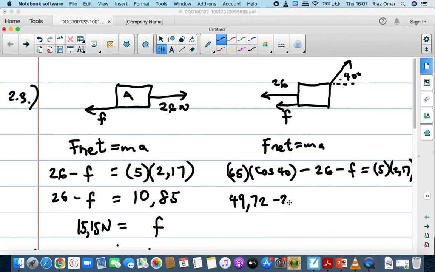49,72 minus 26 minus F is equal to 10,85.